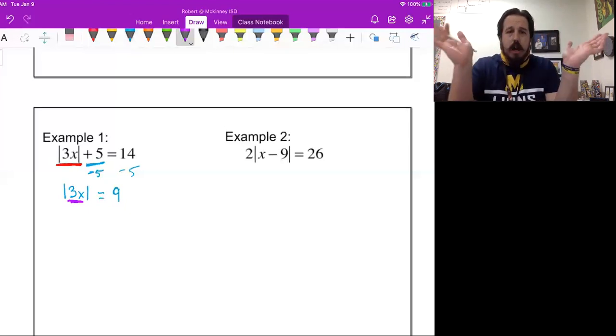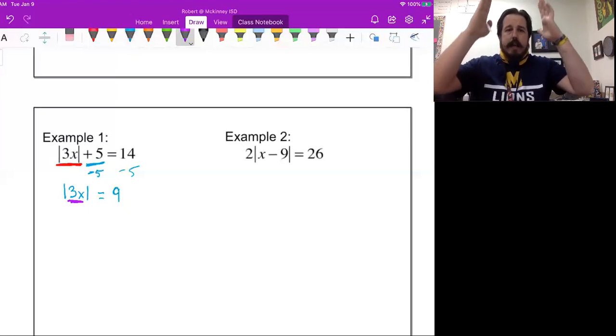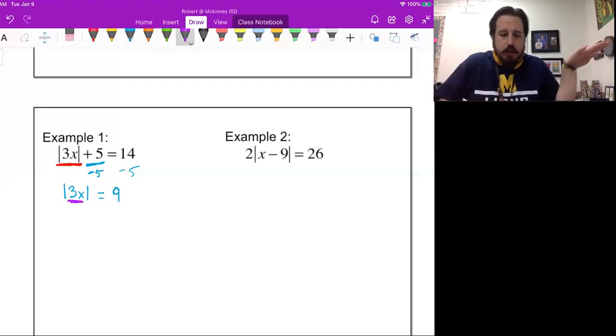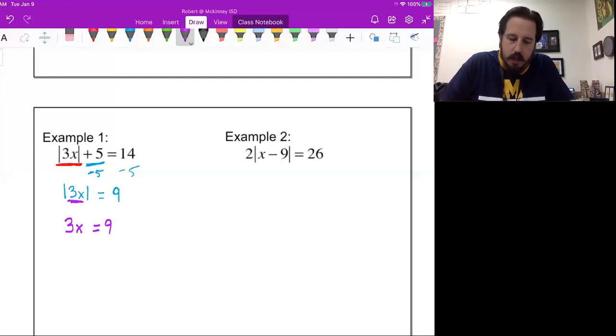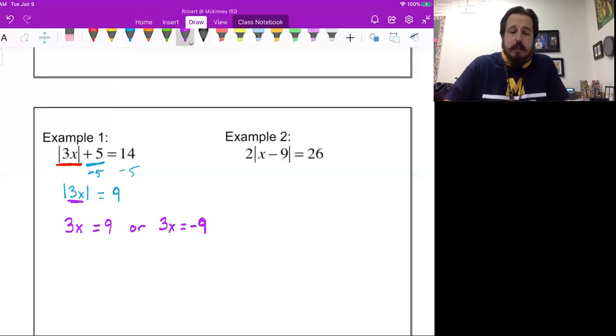Now the bars come off, imagine they slide off, and now I make one equation that has what was in there equaling the positive of what was on the outside, and the other one, what was inside those absolute value bars, equaling the negative of whatever it equaled.